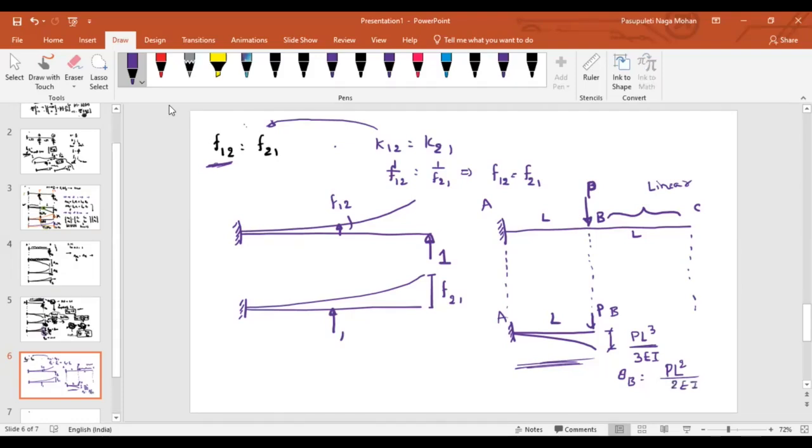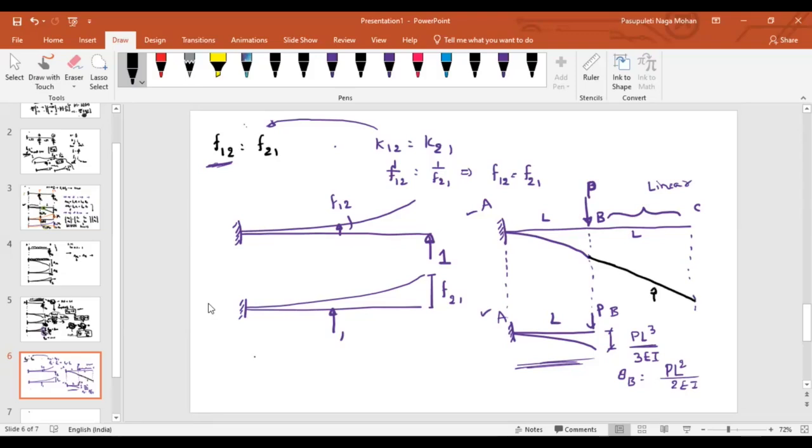Okay, now apply the same thing here. What is the difference between this case and this case? It's just that CB is extended there. So it is going to deflect like this, but in the portion BC, as there is no load acting, the beam will simply rotate with respect to the slope.